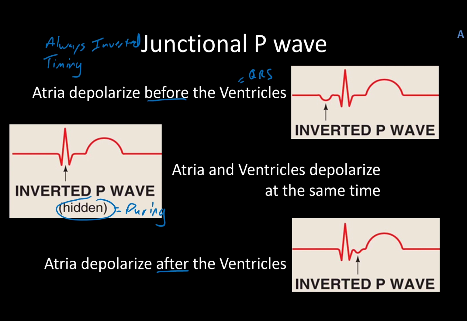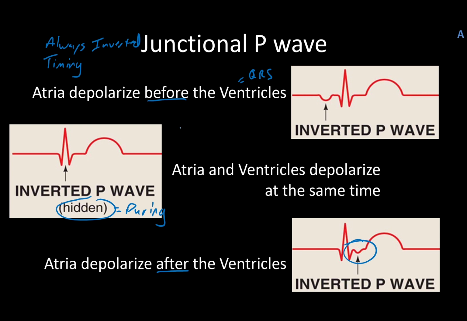And that's really cool for a lot of different reasons. It means that you have to look closely. You have to hunt for these inverted ones, and if they don't appear, you may actually have to find yourself looking after the QRS to see if you can locate them there. One of the bigger rules that you can really take from here is that if there's an inverted P wave, it's very likely that it's junctional.